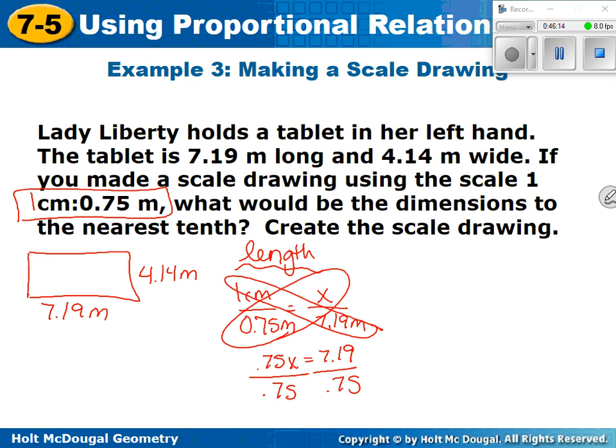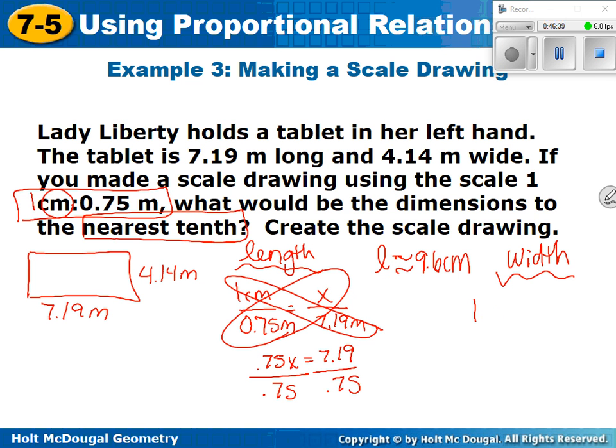I left out my units because I already know my units are going to be in what measurement? Centimeters. Okay, so what do we get? To the nearest tenth. So our length is approximately 9.6 centimeters. Okay, let's do the width real quick. Same exact process.